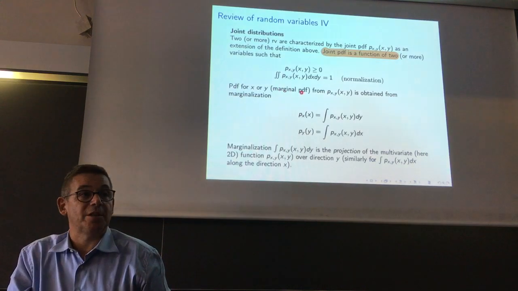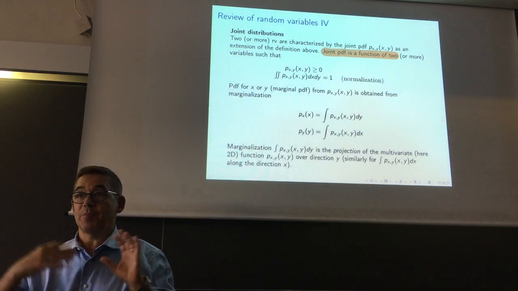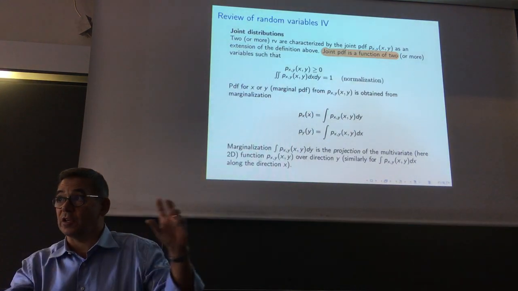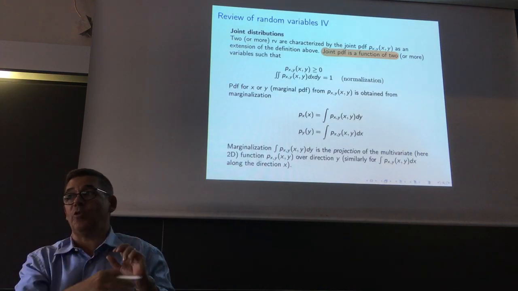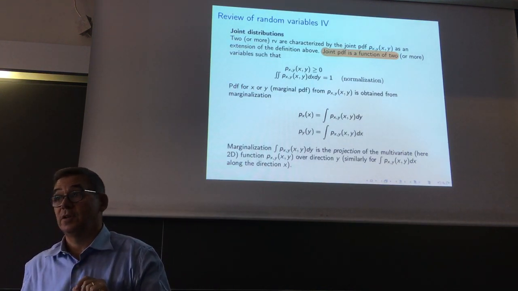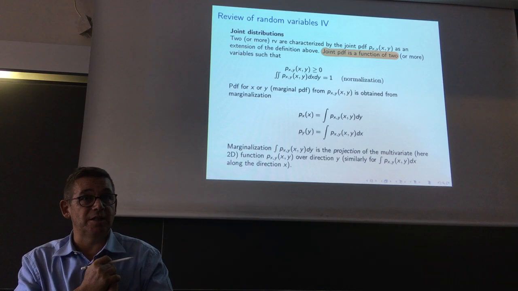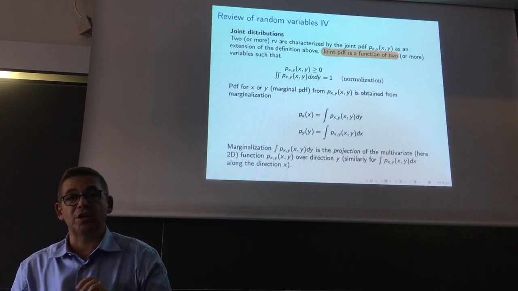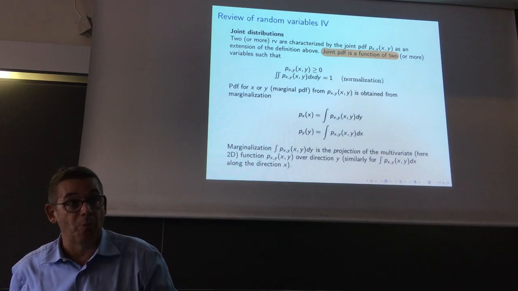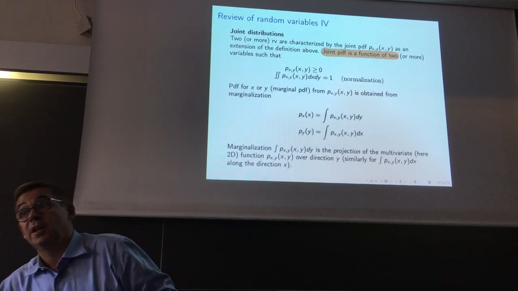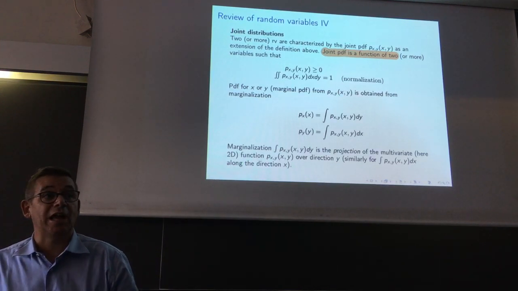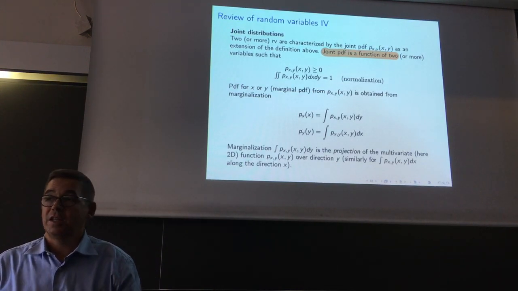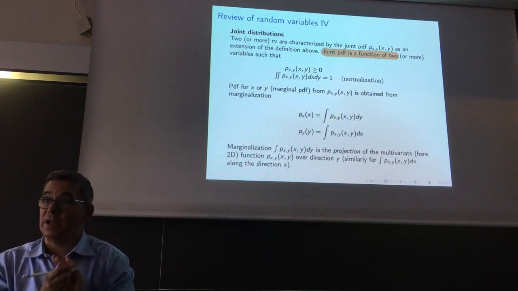Marginalization, also the marginal PDF, means I have a probability density function depending on two random variables, and I want to remove one random variable. This kind of operation is carried out every time you don't know, for instance, the specific value of the other variable.